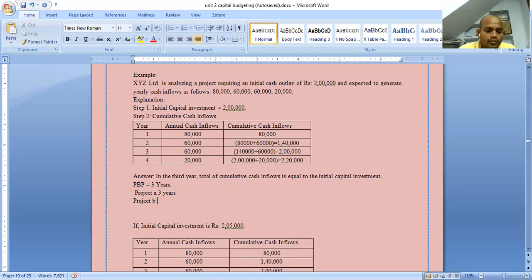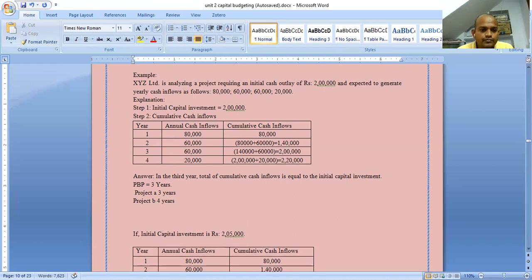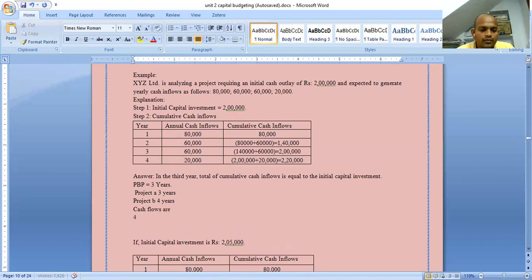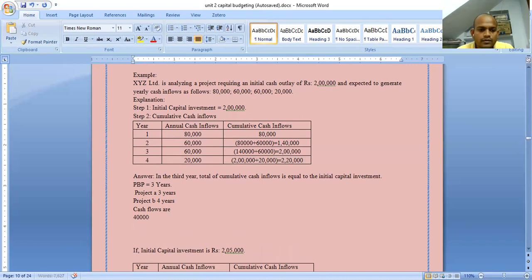Say for example, project B payback period is 4 years and the cash flows are 40,000, 40,000, 60,000, 60,000, 70,000.